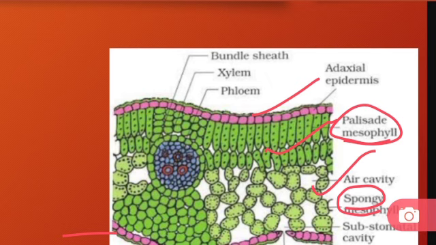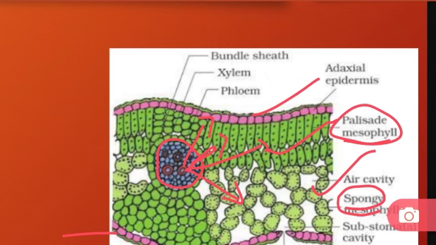Now what happens when the plant takes in water through these veins? These are the veins containing xylem and phloem tissues. When they take water from these veins, the water is supplied to the palisade cells and the spongy mesophyll cells.